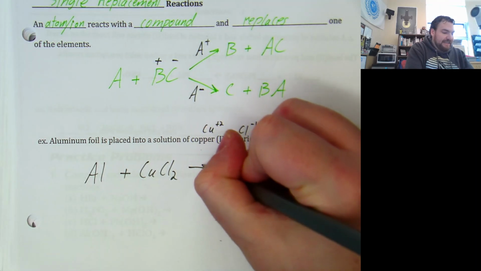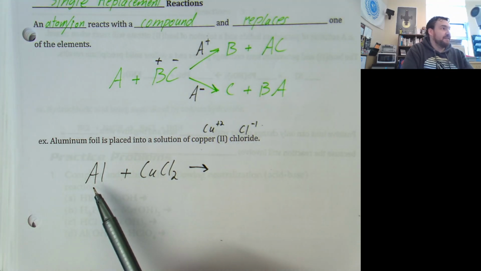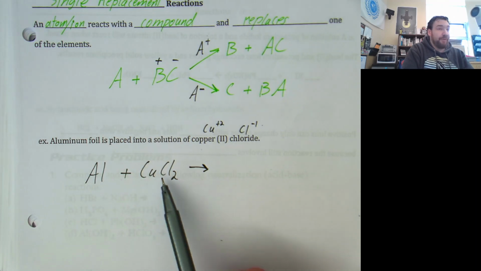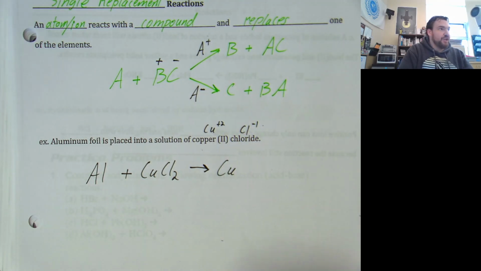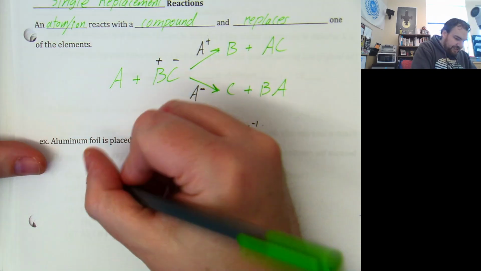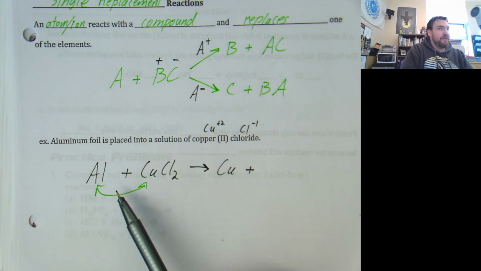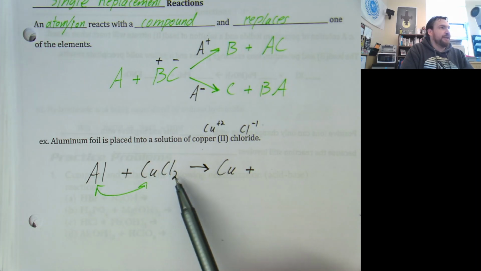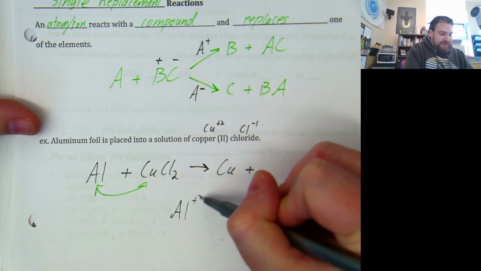So then when these guys react, aluminum is going to swap spots with what? It's going to boot out the copper. So the copper is going to go out on its own. So these two are positive. These guys are going to swap spots. How are we going to build the compound made of aluminum and chlorine? Soham already said aluminum has a charge of +3.